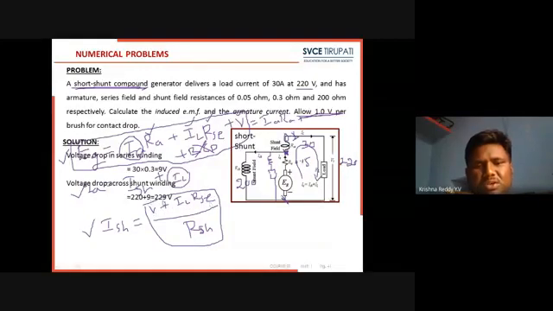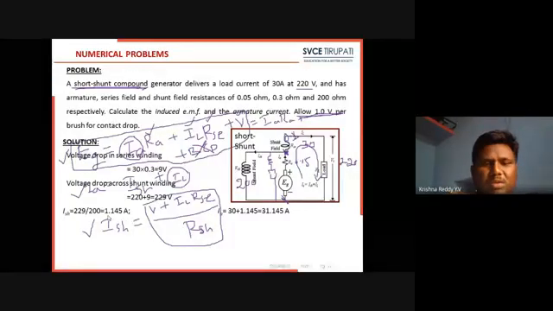It is 229 volts. Now the shunt field winding current is V plus IL into RSC divided by RSS. Then we get the ISS value as 1.145 amperes.